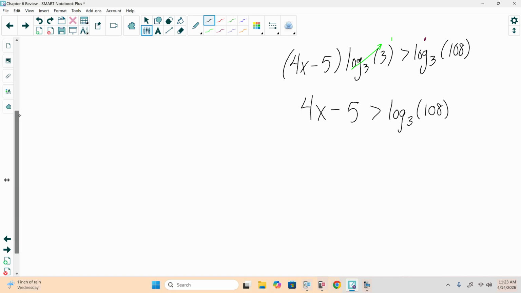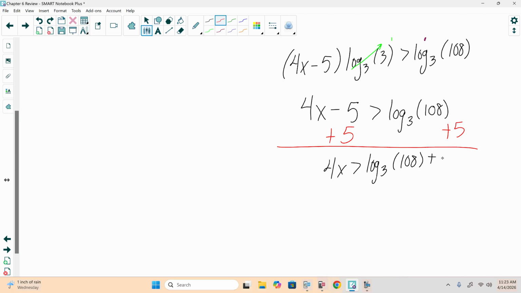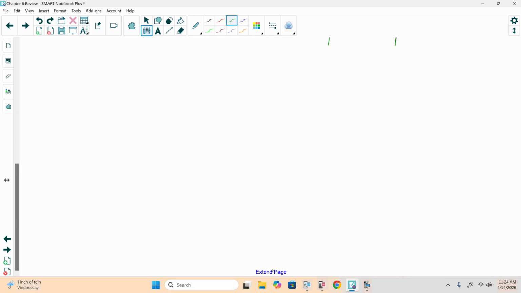Last thing we got to do is get x by itself. So the first thing we can do is add 5 to both sides. Telling me that 4x is greater than log base 3 of 108 plus 5. x is still not by itself, so we're going to have to divide both sides by 4.